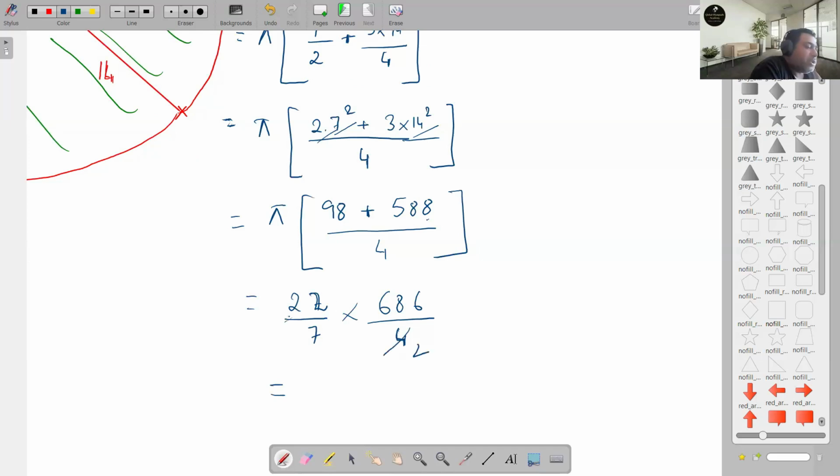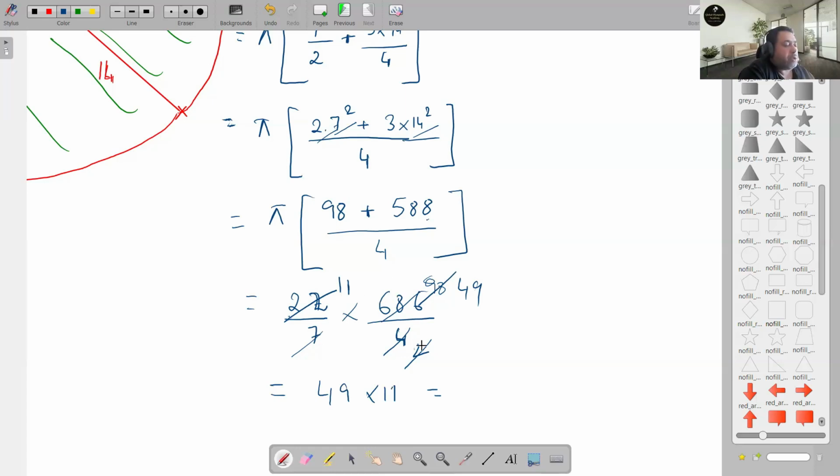And this one will be 2 and this one will be 11 here. So it will be 98, and this 2 can also go on this 49 times. Sorry, my mistake. So we can do this as 49 times 11. Is that correct or not?